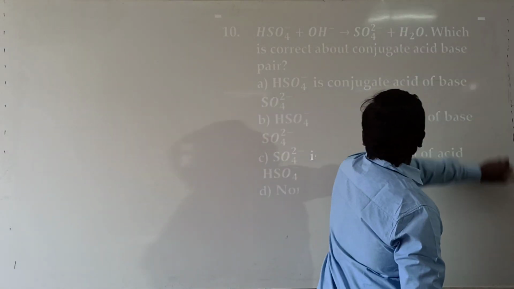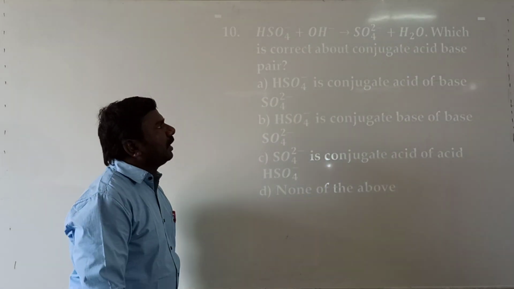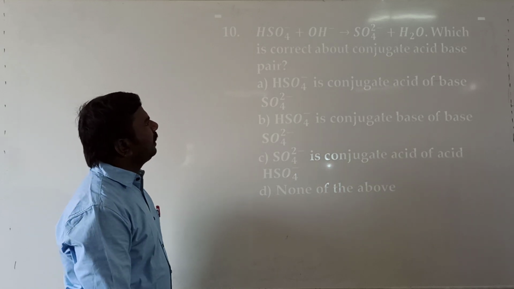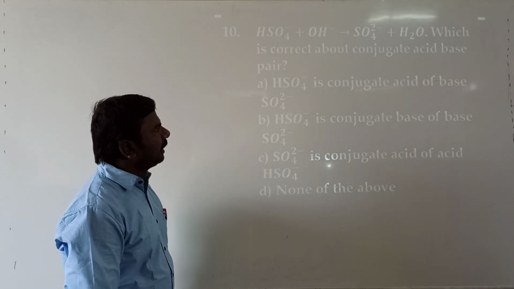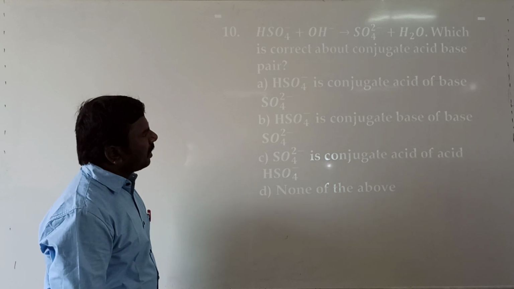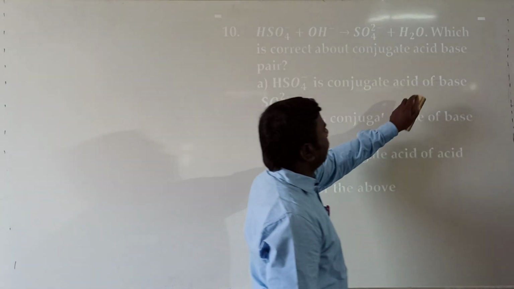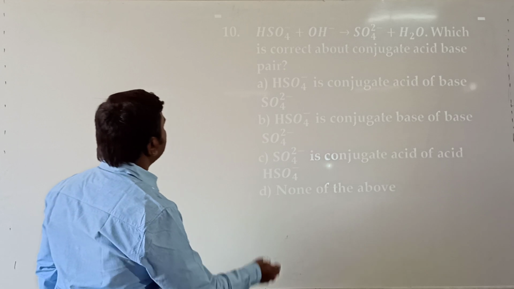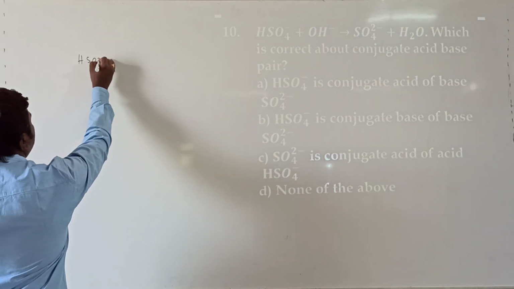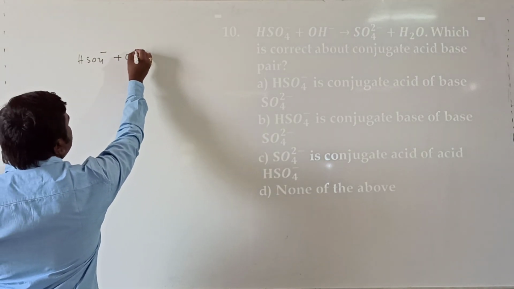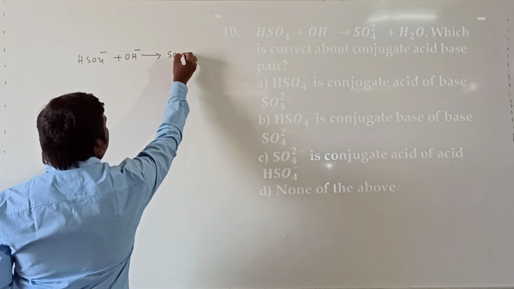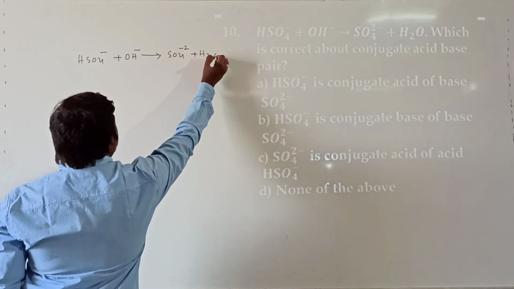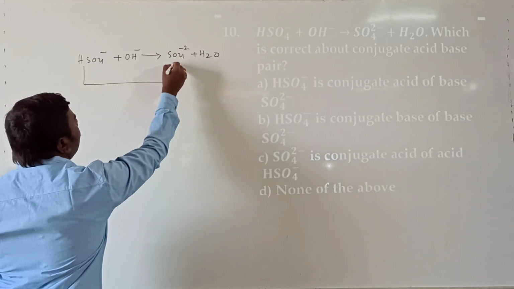HSO4 minus plus OH minus gives rise to SO4 minus 2 plus H2O. Which is correct about the conjugate acid base pair? HSO4 minus is the conjugate acid of the base SO4 minus 2. Look at this, it is losing a proton.